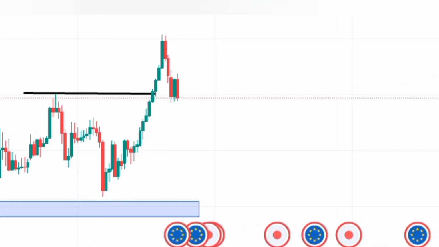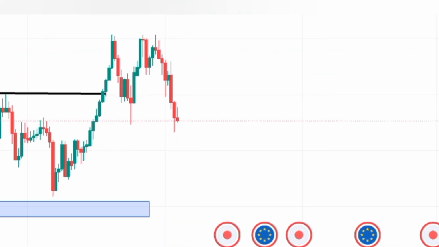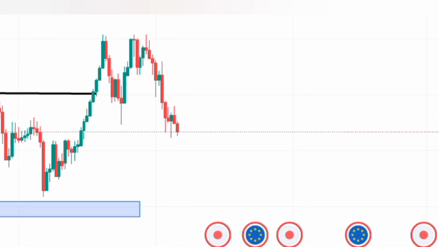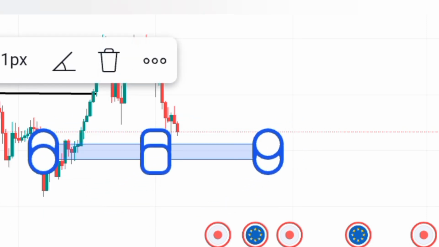Okay, yes, as you can see, the market just came to our discount, guys, right? So there are some order blocks here that you can use to turn around, right?